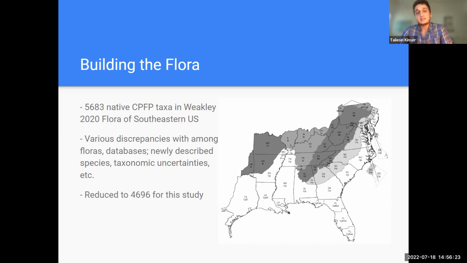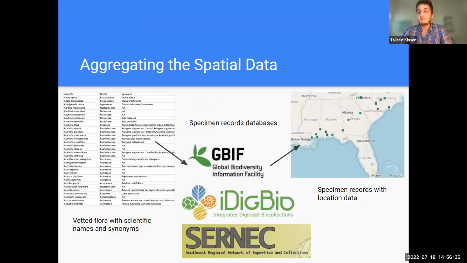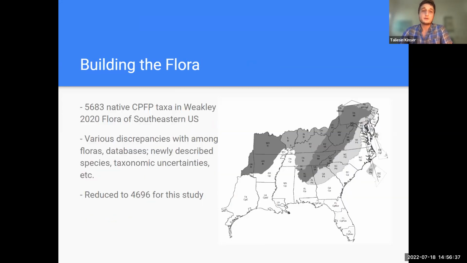Just as an example, I was following mostly one flora, Alan Weakley's flora of the southeastern US, and in that there are around 5,700 native taxa to this area, but going through this, we reduced down to 4,700 for our purposes of the study of taxa that we're considering and including.